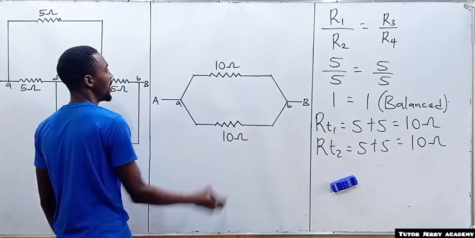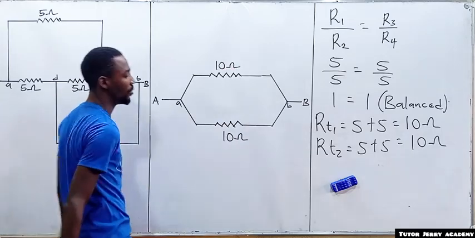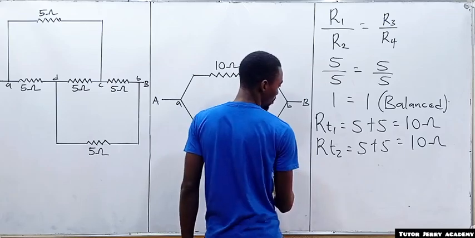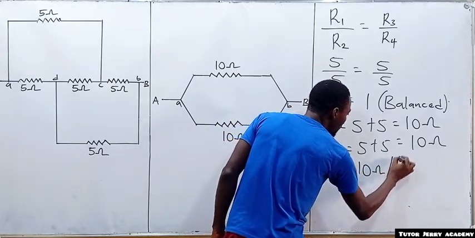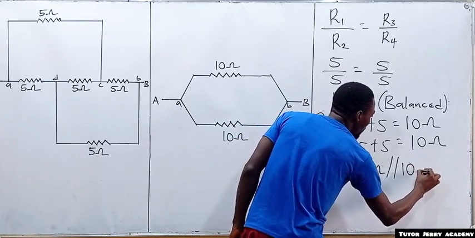You can see that this 10 ohms is parallel to this 10 ohms. So 10 ohms is parallel to 10 ohms.